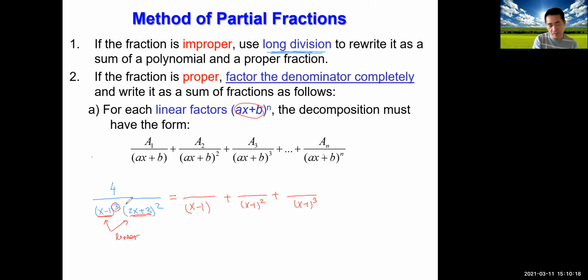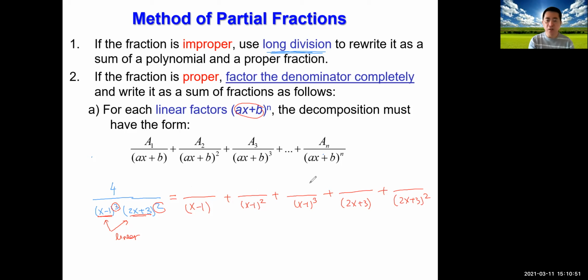You're going to repeat the same thing for the factor 2x plus 3 to the second power. So it's going to be 2x plus 3 to the first plus 2x plus 3 to the second. Again, I stop at the power. So the 3 means you have 1, 2, 3. With the 2 there, you have 1, 2. So you're going to have a total of 5 fractions in this case.